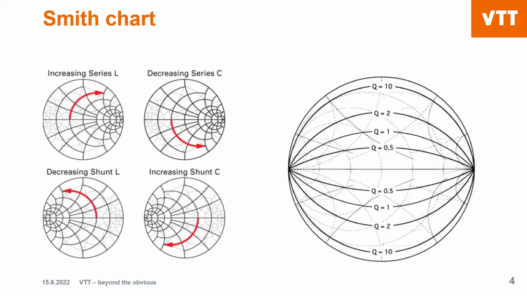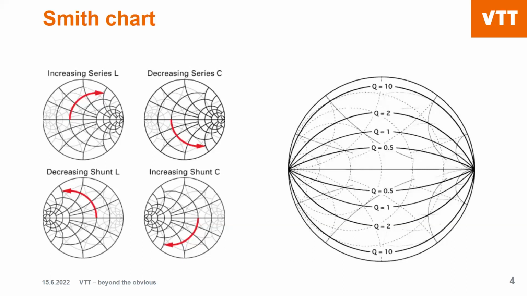For example, if you put a short-circuited shunt stub, on the left-hand side bottom figure, and decrease the inductance, this is a short-circuited shunt stub towards ground, you can move on a Smith chart through the admittance plane. So you can see that you can go in that direction. Increasing shunt C would be an open shunt stub, and you could move the other way around.